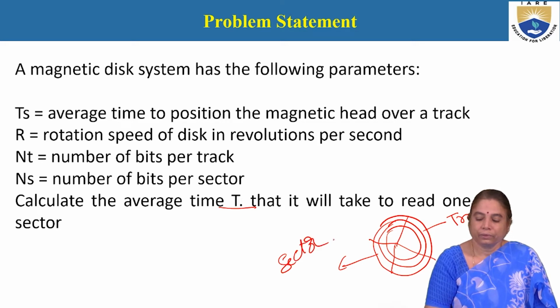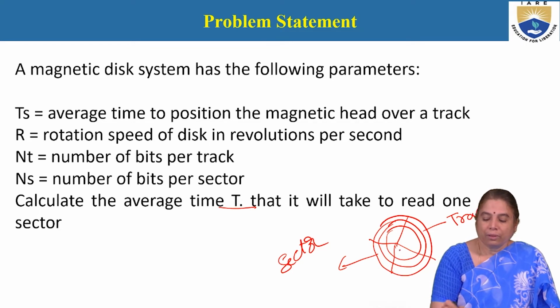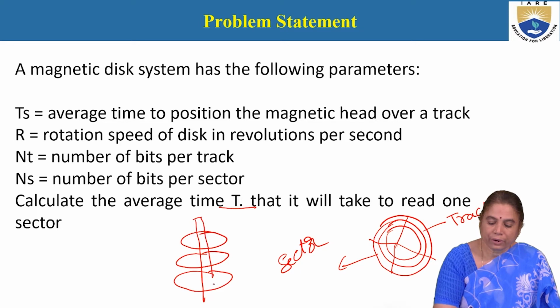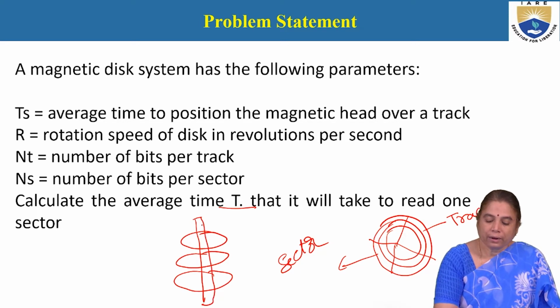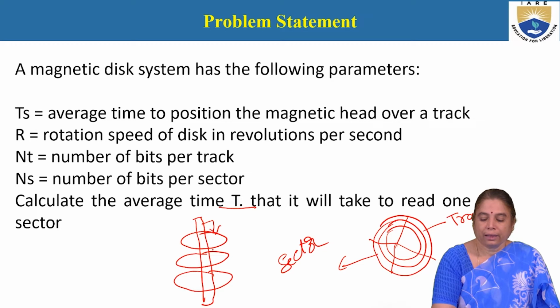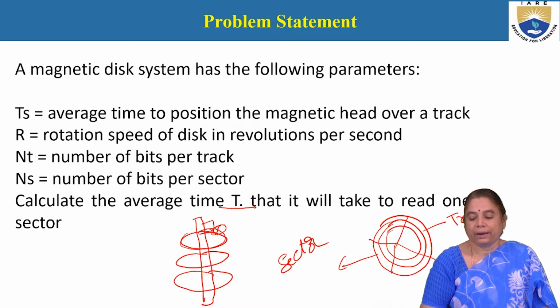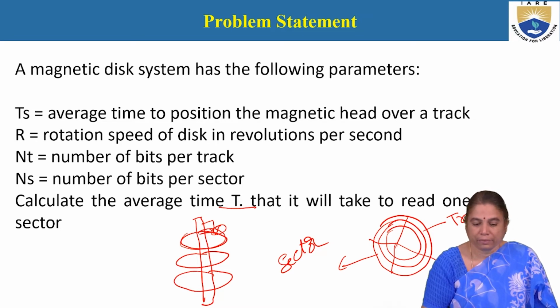And here the magnetic disk is a collection of multiple disks. So the hard disk drive can have multiple disks connected over a spindle, and here the read-write head is present. These disks are rotating. Whenever the surface comes under the read-write head and touches, that part can be magnetized, and then the read-write operation can take place.